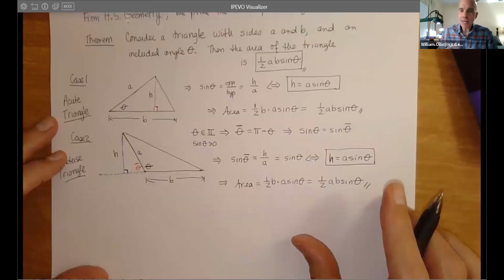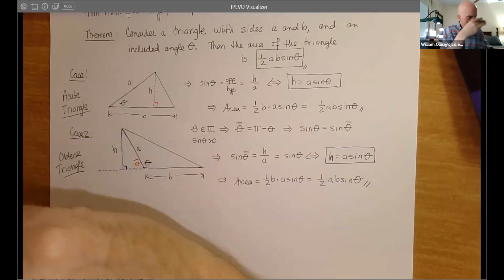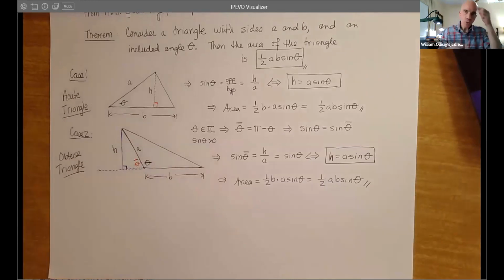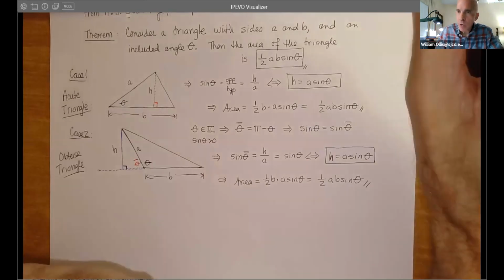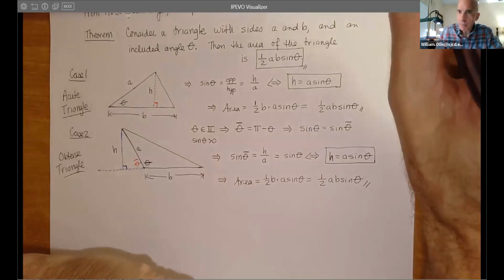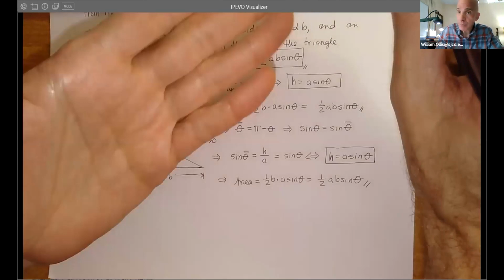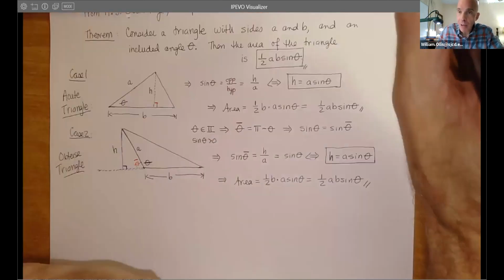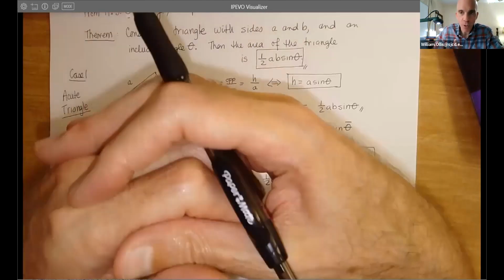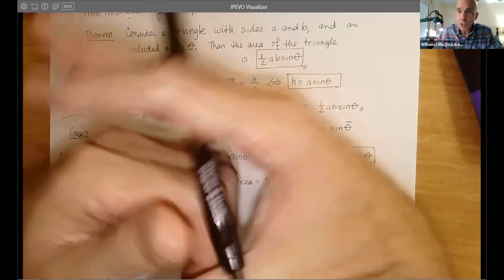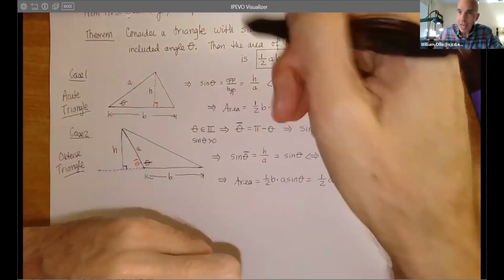So now you have a new way to characterize the area of a triangle that gives you more power. So maybe you don't have a special triangle where you have more knowledge about it, but you do have what we have here.